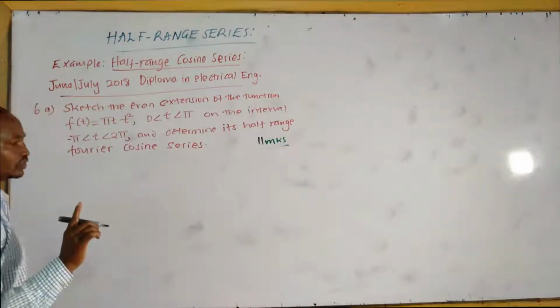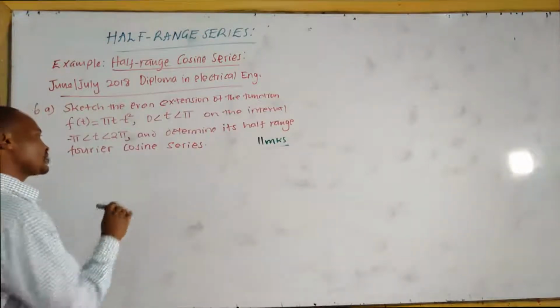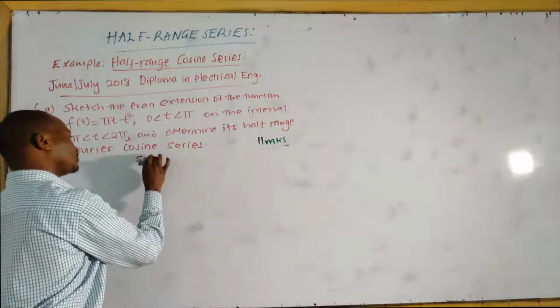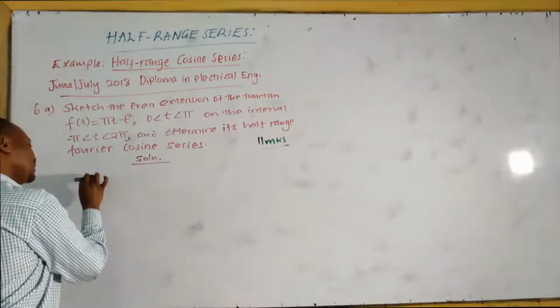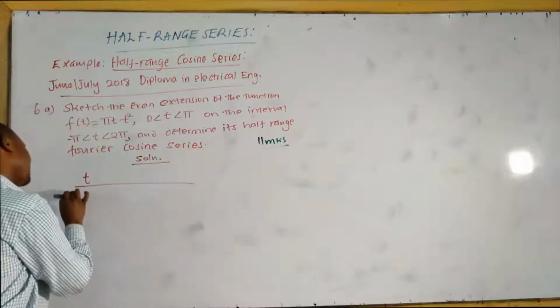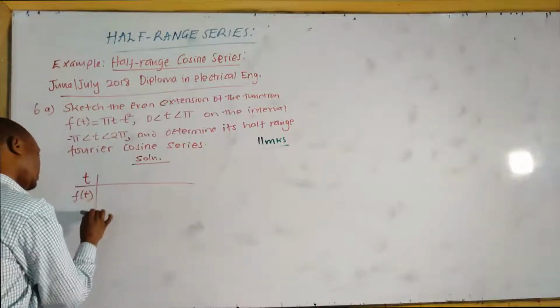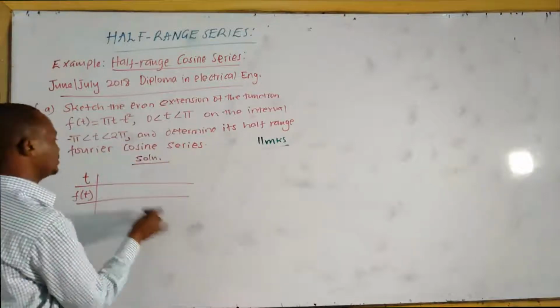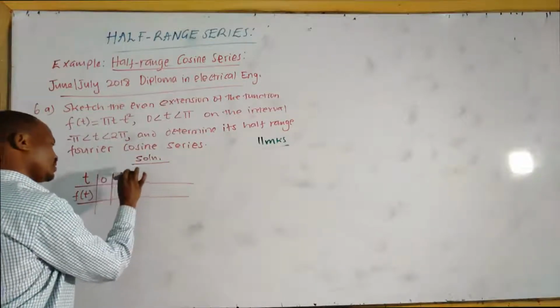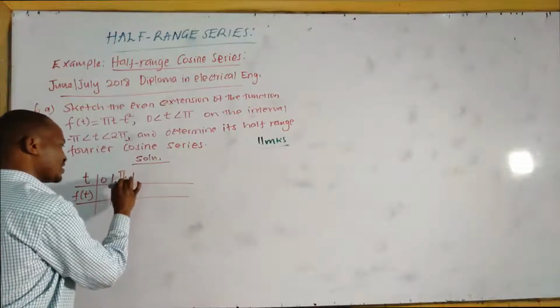So what we are going to do, we are first of all going to sketch. You need to create a table. Here we need t, and here function of t. You can take a few points, take 0, pi over 2. Remember you are told to sketch.